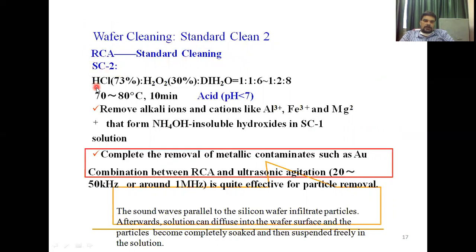This is the SC2 process, where we are using these compositions: diluted H2O, H2O2 and HCl. SC2 removes basically alkali ions and cations like Al+3, Fe+3, and Mg+2, for complete removal of metal contamination. The combination of RCA and ultrasonic agitation is quite effective for particle removal.